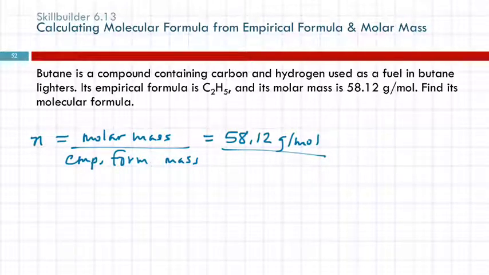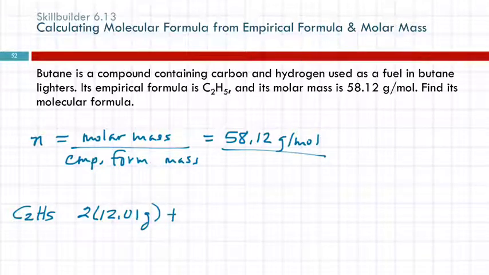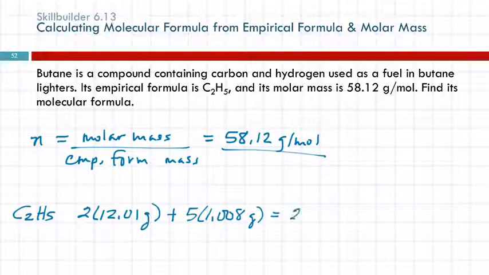And then I need to calculate the other one. So I've got C₂H5, 2 times the mass of carbon, plus 5 times the mass of hydrogen. 2 times 12.01 plus 5 times 1.008 equals 29.06. That's all the digits that my calculator is showing me.